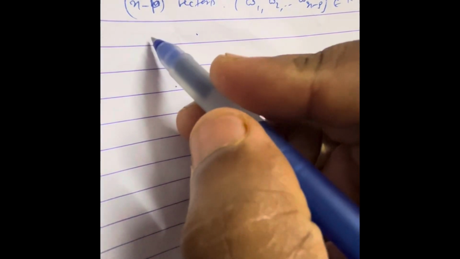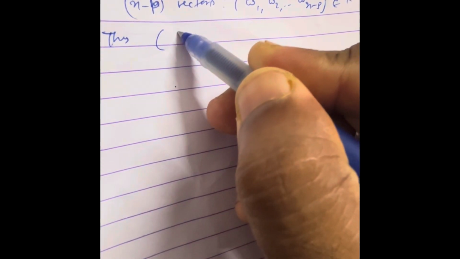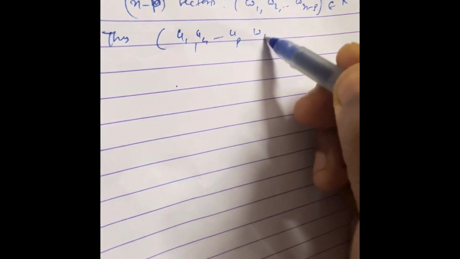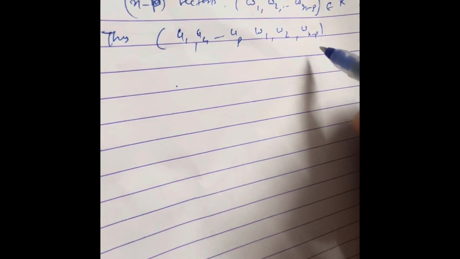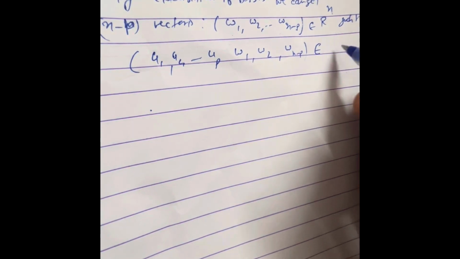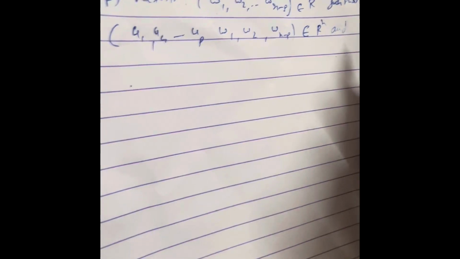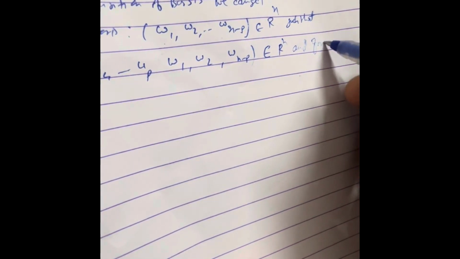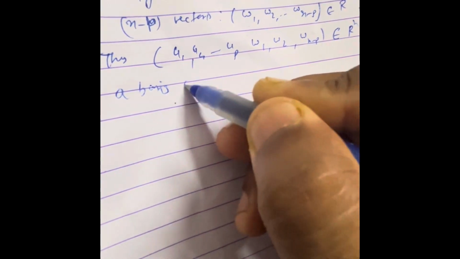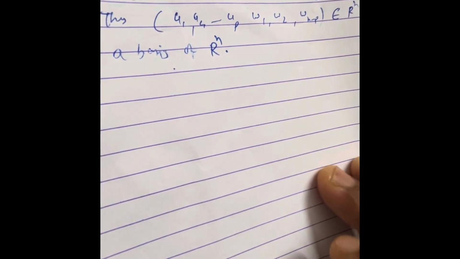So these are linearly independent vectors, and therefore u1, u2 up to up, and w1, w2, w(n minus p), all these are n vectors in Rn and form a basis of Rn. Okay, so we are done.